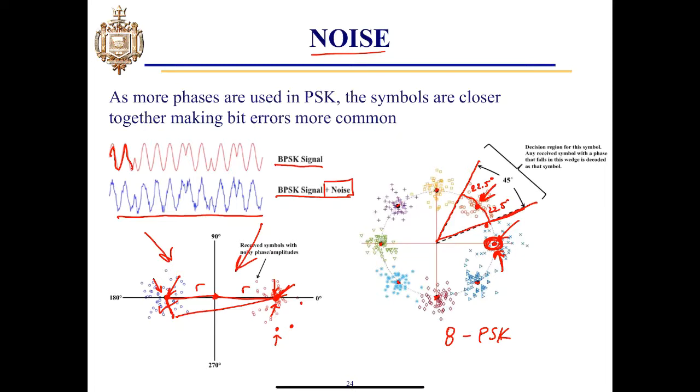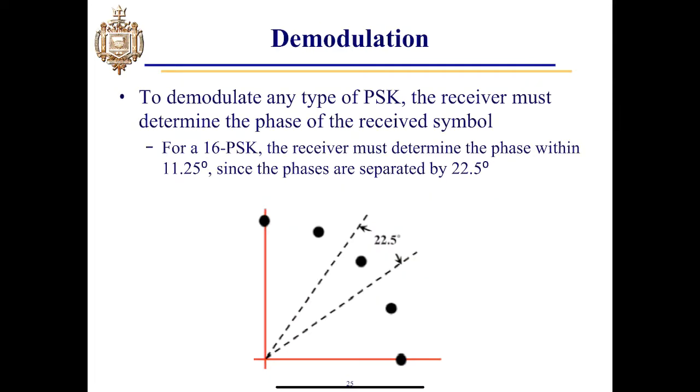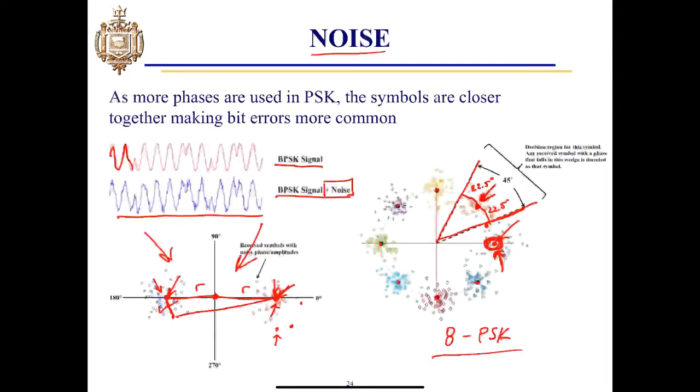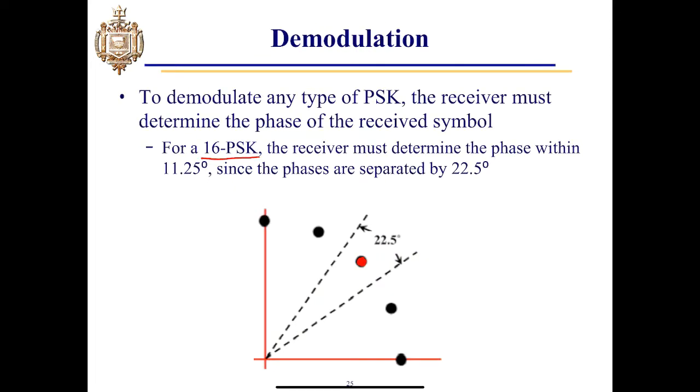One way to fix this is here. This is just a slide showing that if you wanted to send this symbol, this is a 16 PSK. On the previous slide, this was 8 PSK. So we're adding even more symbols around the same amplitude.